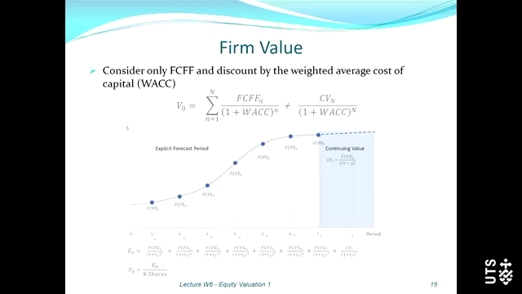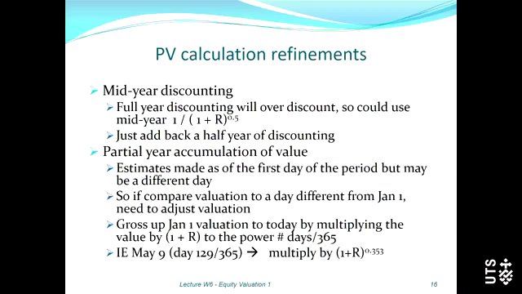Just a couple more things in discounted cash flow valuation. One is what happens with mid-year discounting. Sometimes it's used because when we do the discounted cash flow, we are assuming all cash flows are happening at the very end of the period.